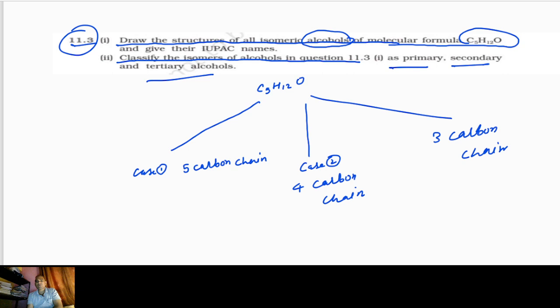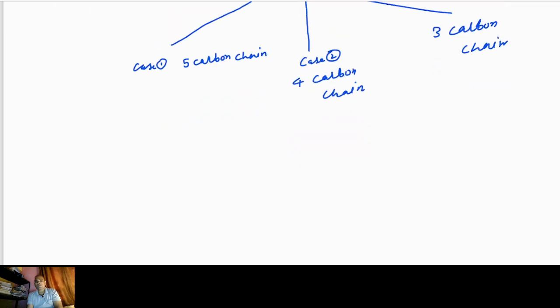Now, students, let us go with the 5 carbon chain. CH3, CH2, CH2, CH2, CH2, and this is the OH.